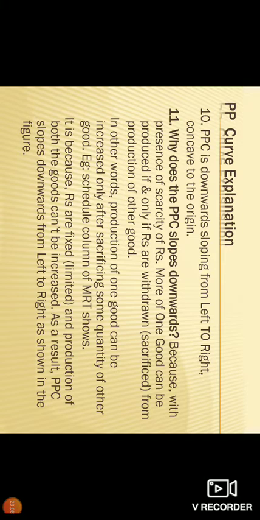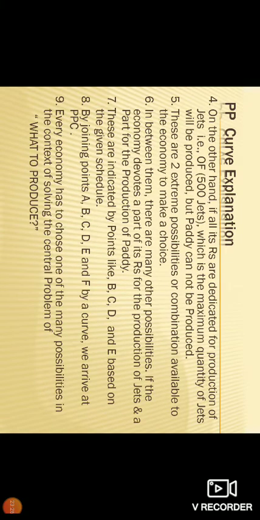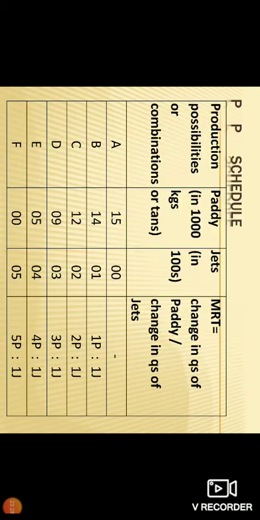The production of jets can be increased only after sacrificing some quantity of paddy. That is what is explained with the help of the schedule in the MRT. You can see MRT is the sacrifice in the quantity of paddy divided by the gain in the quantity of jets.